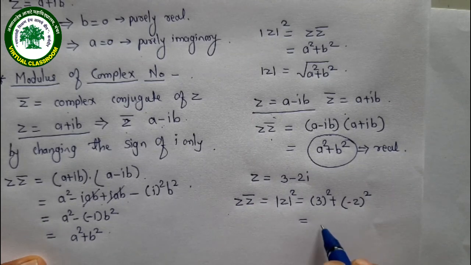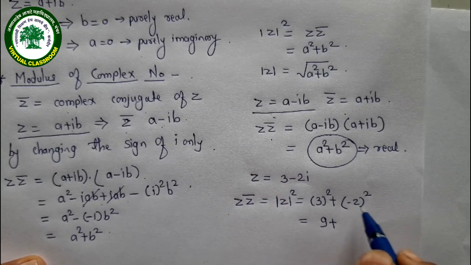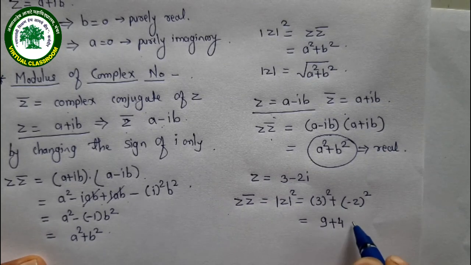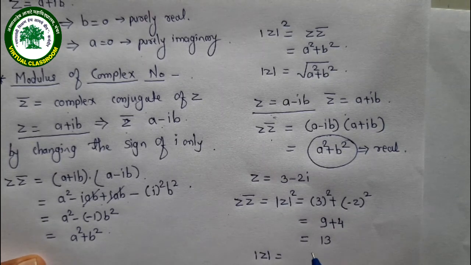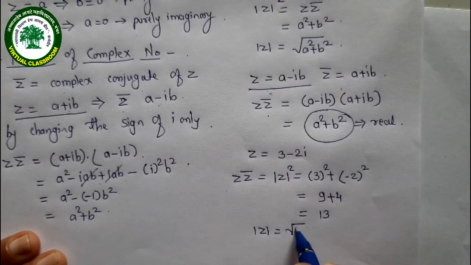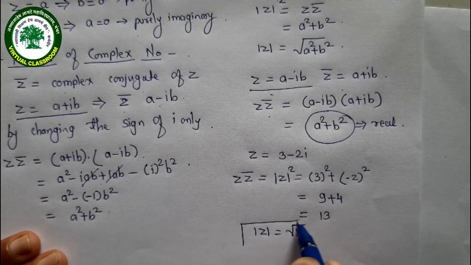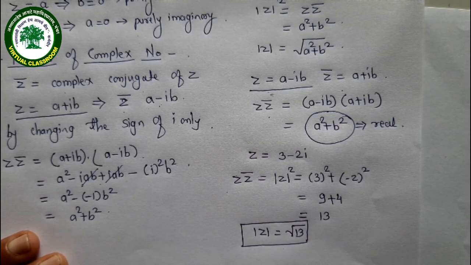Here 3 squared is 9 and minus 2 squared is 4. So 9 plus 4 is 13, and by taking the square root, mod z is the square root of 13. So the modulus for this particular example comes out to be the square root of 13.